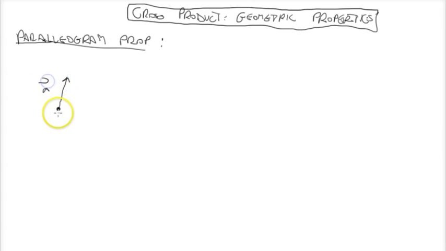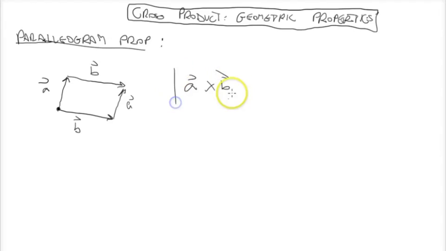But if we have some vector A and some vector B, and now this might start looking similar to our parallelogram rule with vector addition, but it's a little different. If we make a parallelogram out of this, so we have another A right here, same vector, and another B, when we take the magnitude of the cross product between A and B, that is going to equal the area of this parallelogram.